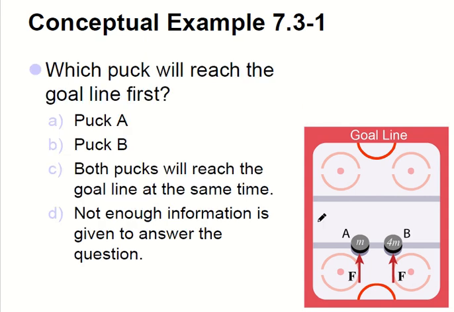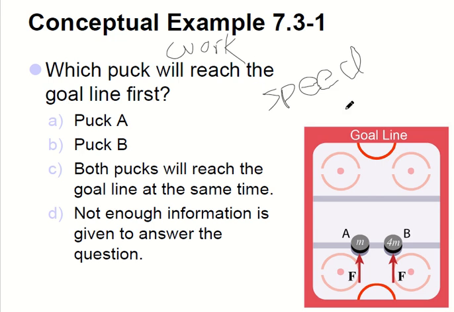All right. And then the next one is, which puck will reach the goal line first. This one is pretty easy. This is asking you about speed, because it said which puck will reach the goal line first. The other one is asking you the work that you have to do to get there. Very different.